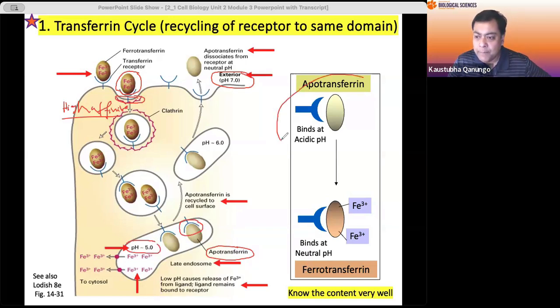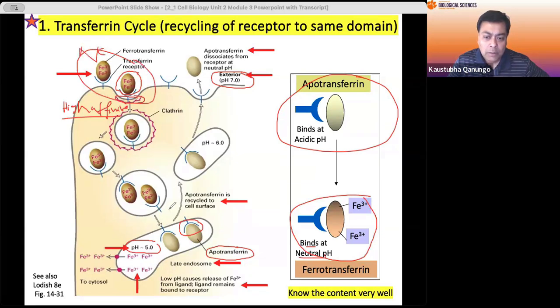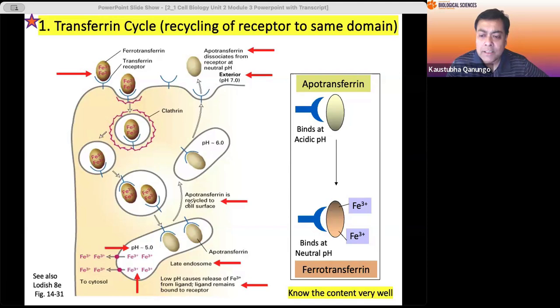See, apotransferrin binds at acidic pH. Fe plus ferrotransferrin binds at neutral pH. This is neutral. This is acidic. But at neutral pH, apotransferrin dissociates from the receptor. As soon as the pH 5, 6 environment is exocytosed out and the cell environment is pH 7, apotransferrin is released.